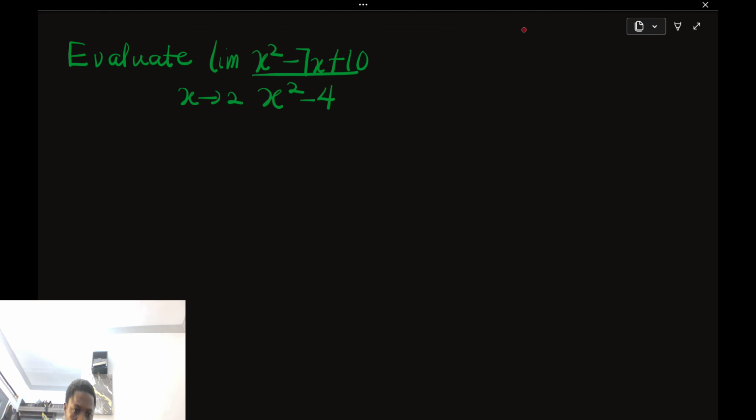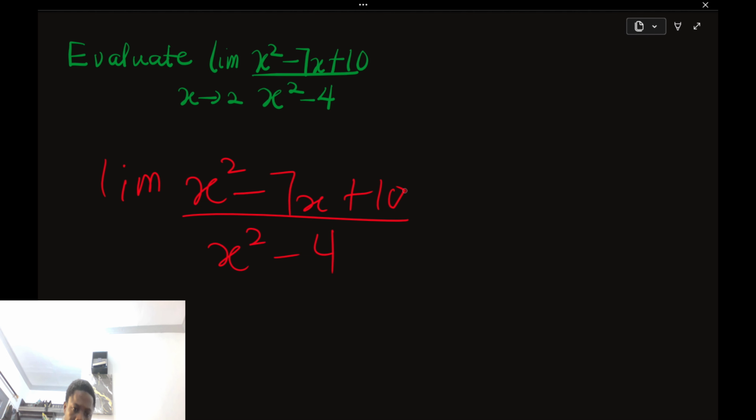So this becomes the limit of (x squared minus 7x plus 10) over (x squared minus 4) as x approaches 2. So we are going to differentiate the numerator and that of the denominator.